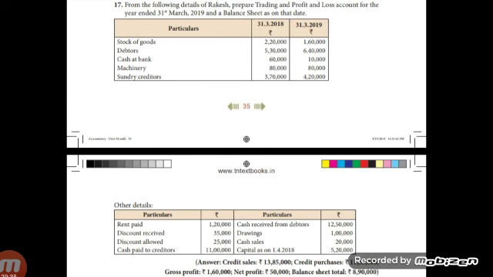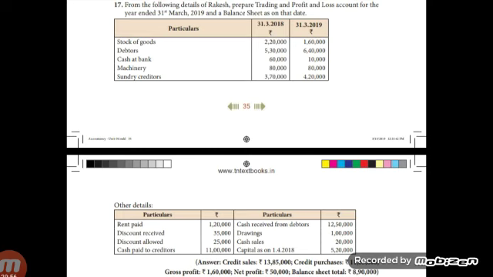By cash received from debtors 12,50,000. By closing debtors, as by balance carried down, 6,40,000. Okay, while balancing you will get credit sales. Take the credit sales to the trading account.